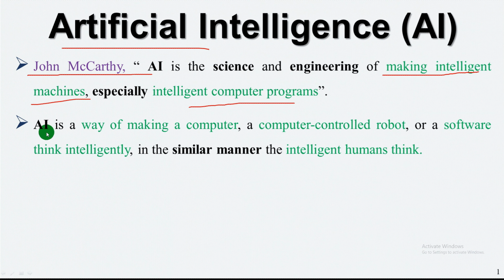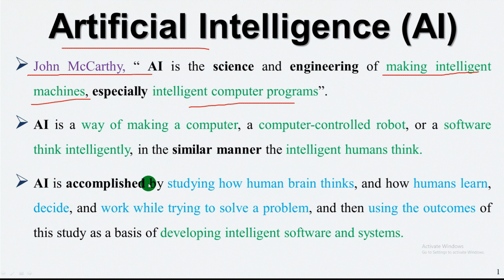In other words, AI is a way of making a computer-controlled robot or software think intelligently, in a similar manner to how an intelligent human thinks. Just develop a computer-controlled robot and software that think in a similar manner to intelligent humans, right?